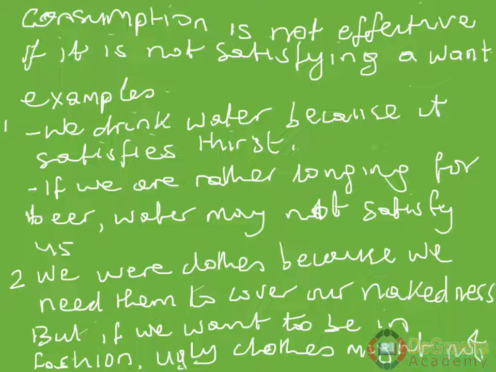If a thirsty man is longing very much for beer, and you give him only water, he will reject it because it will not satisfy his thirst for beer. It will not satisfy his want. At that particular moment, his want is beer. So you see how consumption is strictly tied to the fact that you consume only what you want.